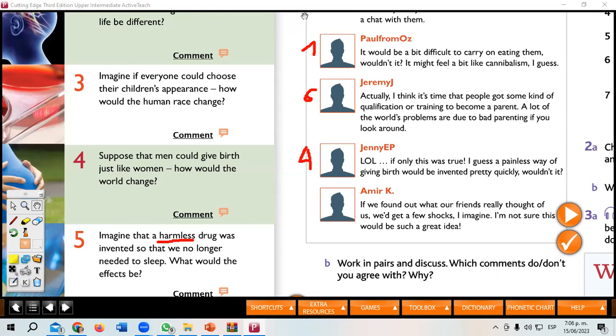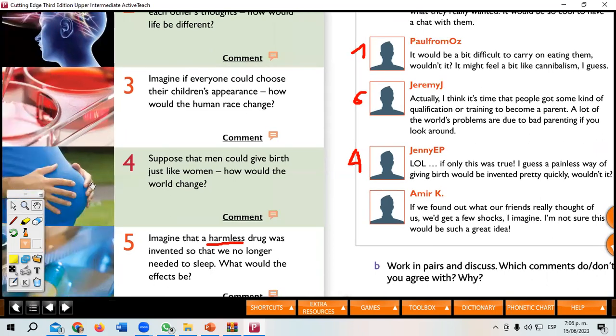I don't know. Of course it's impossible to imagine the situation for us, but it's just interesting for me to think what could happen if the world was like this, right? If both men and women could give birth.